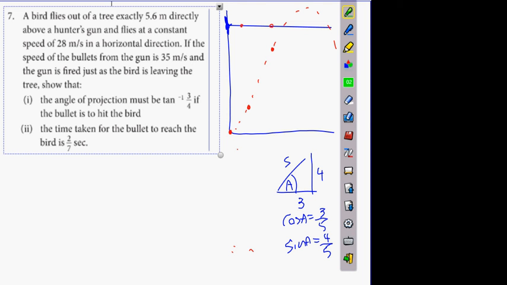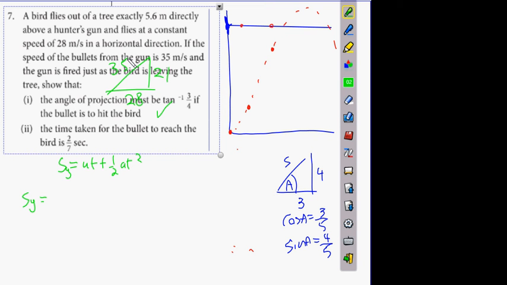Done that first part. Show that the time taken for the bullet to reach the bird is 2/7 of a second. We're talking about SY here, aren't we? So S equals UT plus a half AT squared. SY therefore equals U, which is going to be 28 across, 21 into the air, and 35 is the hypotenuse, right?